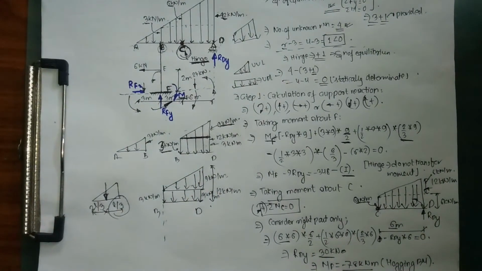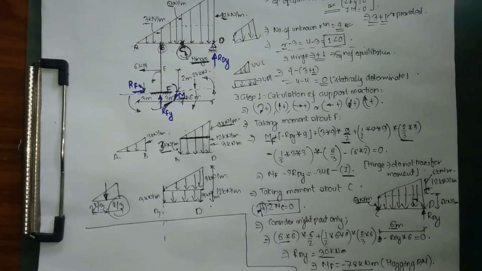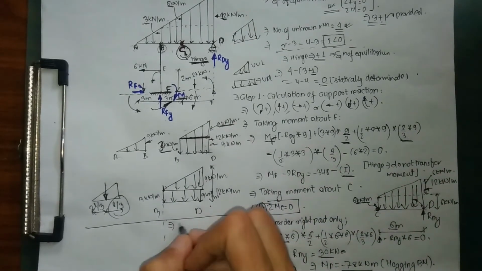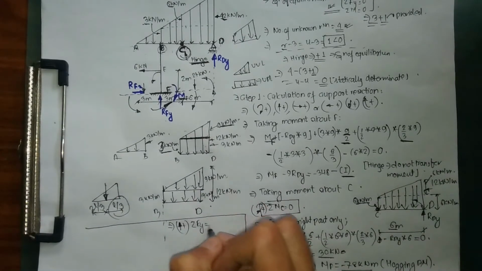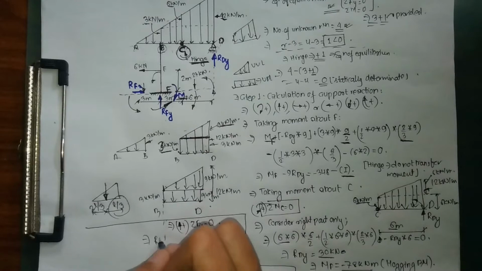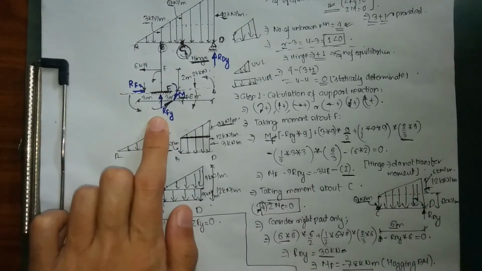What we're going to do next is take all the forces acting upward. Let me do it over here so that we can be clearer. I'm going to take upward forces as positive, ΣFY equals 0.